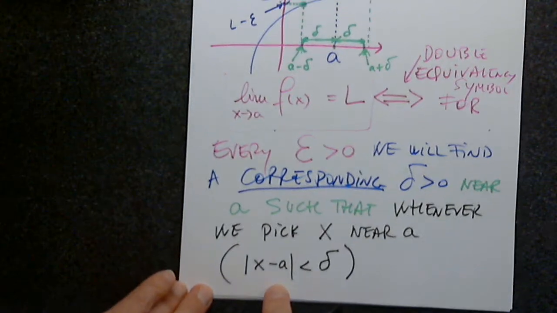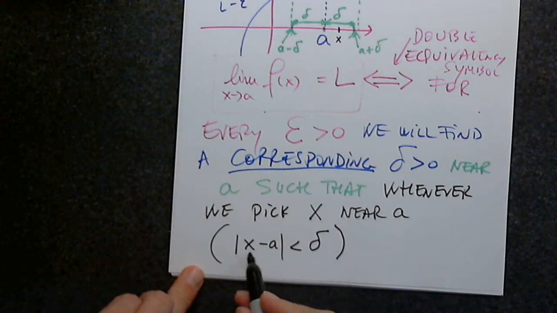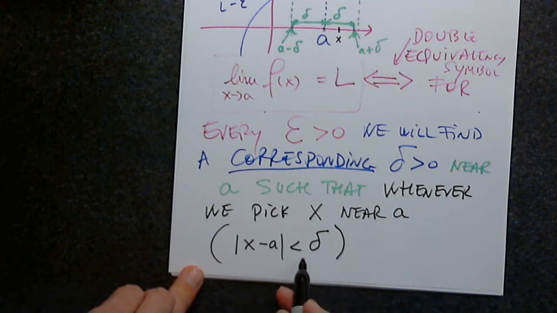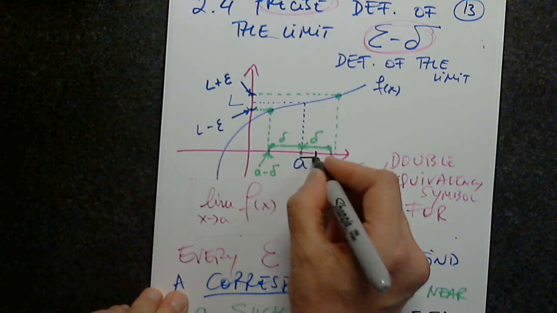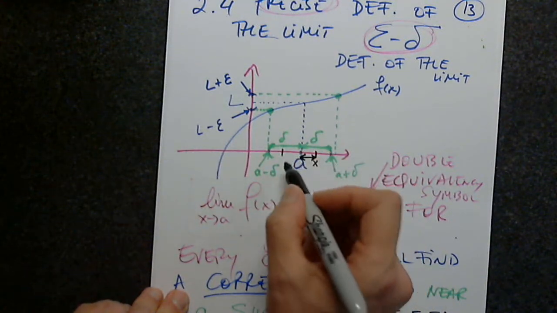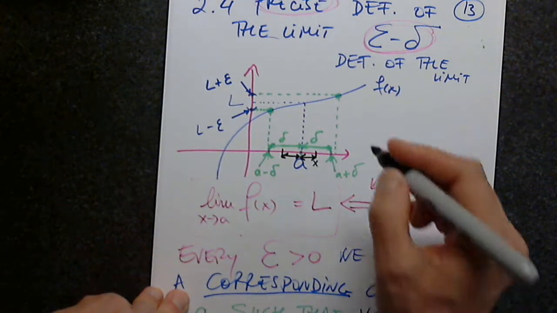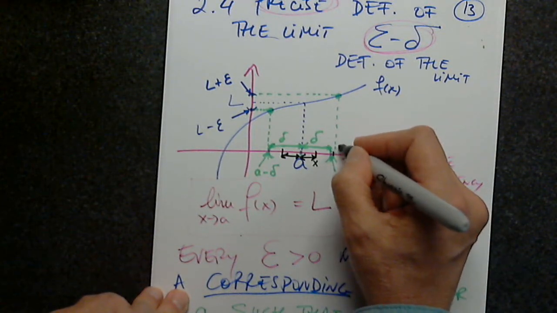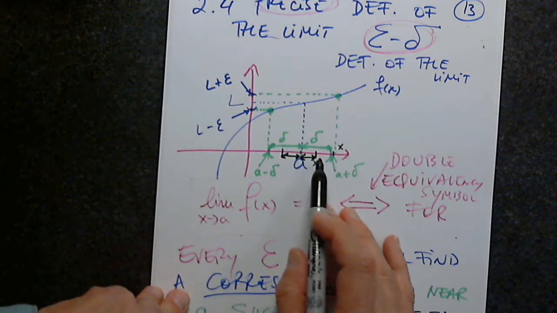This means that if I pick x here, the distance between x and A has to be smaller than delta. This distance is smaller than delta. If I pick x here, the distance has to be smaller than delta. However, if I choose to pick x here, x will not be within delta from A.